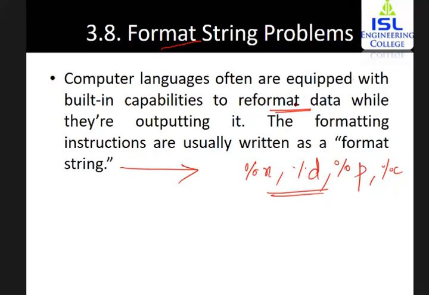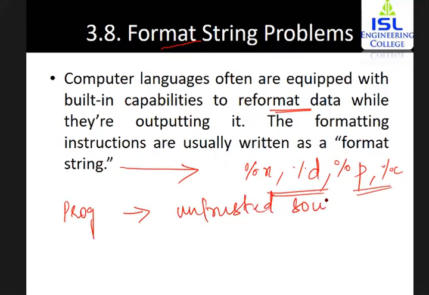You've got %s, and many more are there. So programming languages depend upon format strings. Now, suppose a particular programmer is making use of format strings from untrusted sources. That is, he is just downloading code online and dumping it within the system.